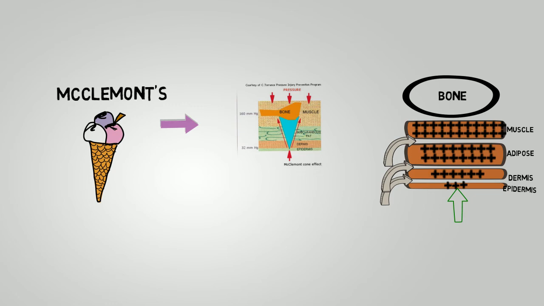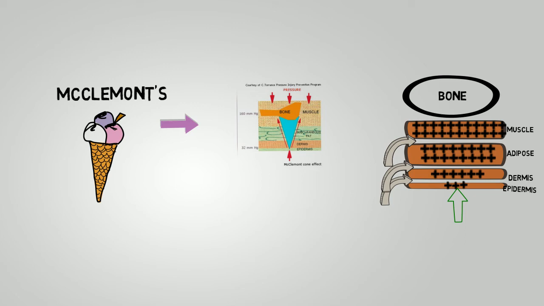This means that the least amount of pressure is experienced at the epidermis, coincidentally the least metabolically active of the layers, and the maximum amount of pressure is experienced in the muscle layer, which is the most metabolically active.